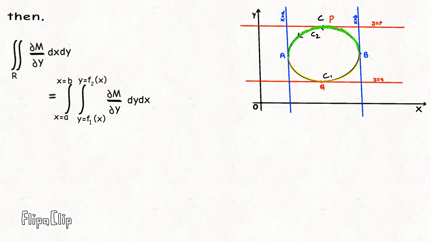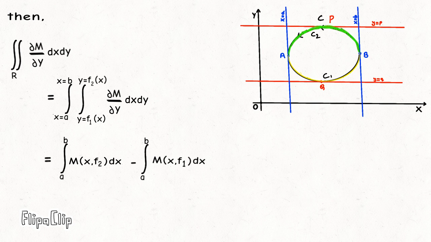Now integrating the dy part, we can see that in the first part the integration is from A to B via C2, which is clockwise. Since we have taken the curve C in the anti-clockwise direction, we have to make the first part anti-clockwise as well.